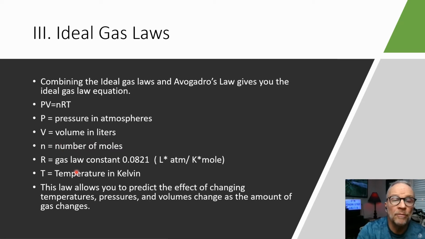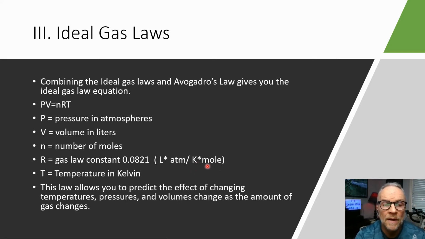So pressure has to be in atmospheres, volume has to be in liters. Here n is the number of moles, and that's the new thing we're introducing. Then we have a gas law constant, R, and the one we will be using is 0.0821 liter atmospheres per kelvin mole. As before, our temperature has to be in kelvins.